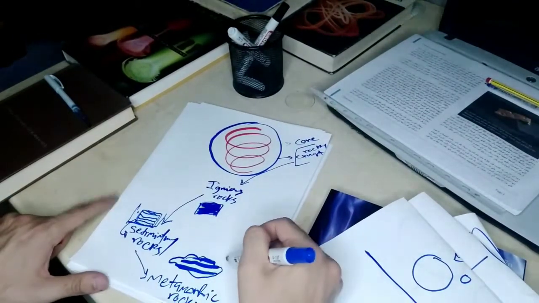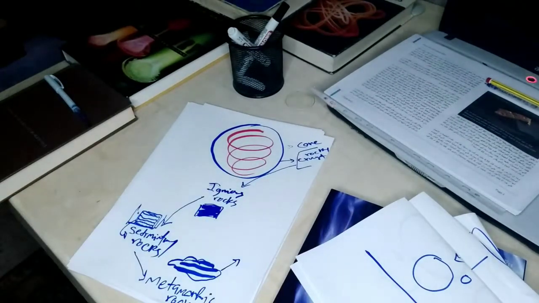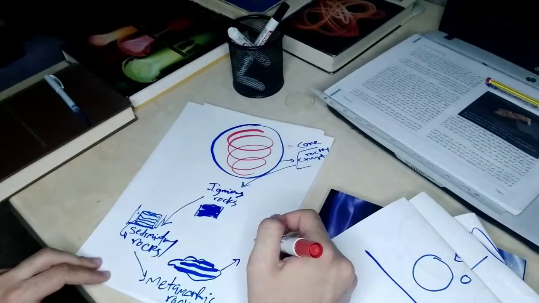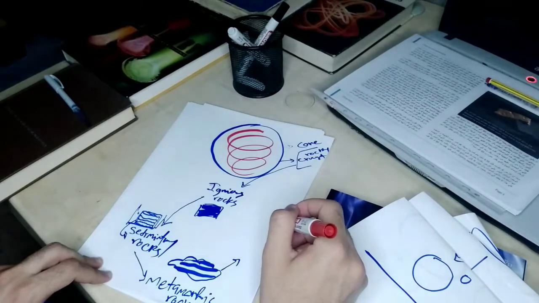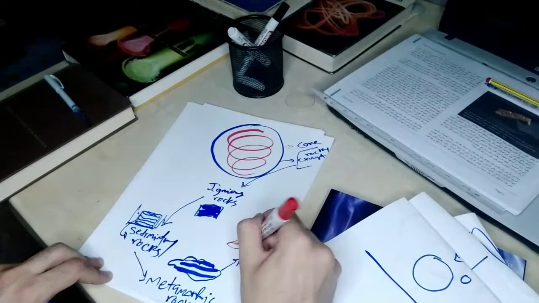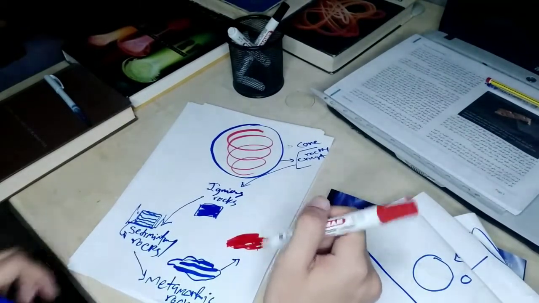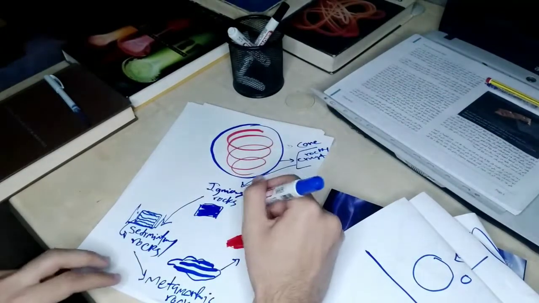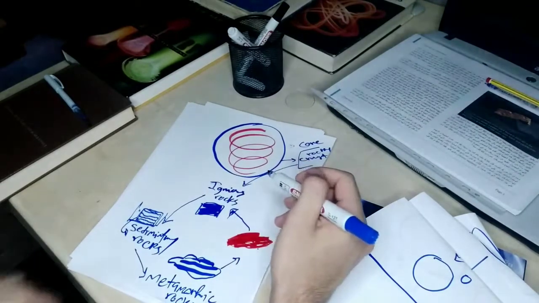These metamorphic rocks, if exposed to higher temperature and higher pressure, will be molten and become magma. This magma, if it's cooled down, will form the igneous rocks.